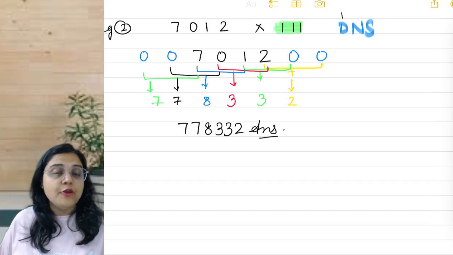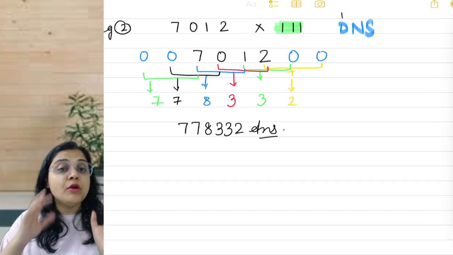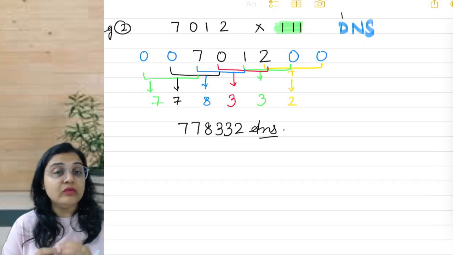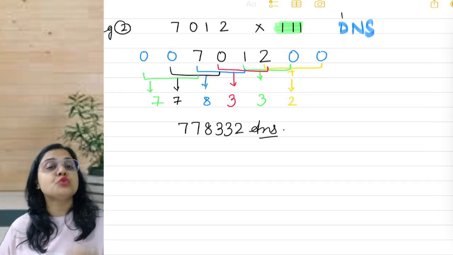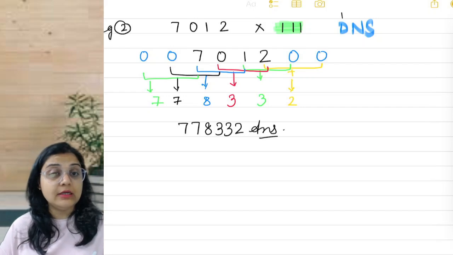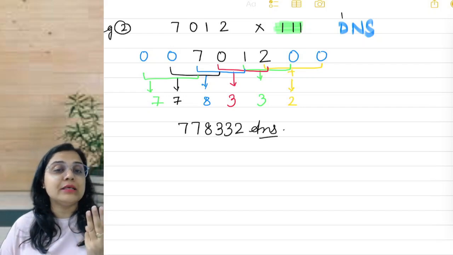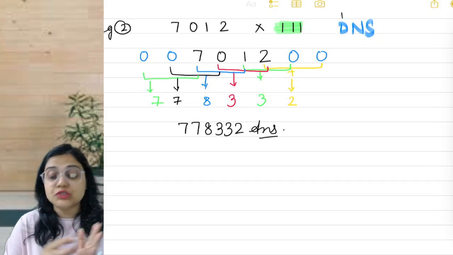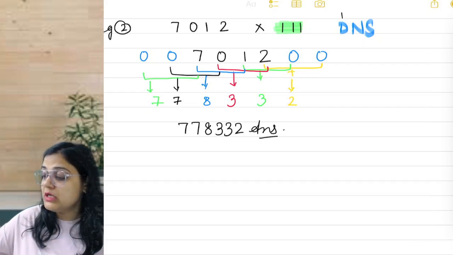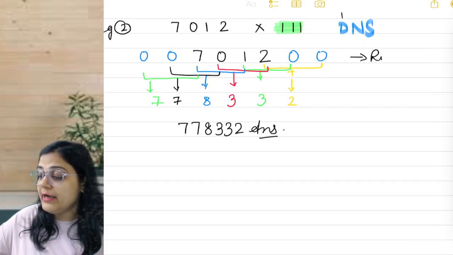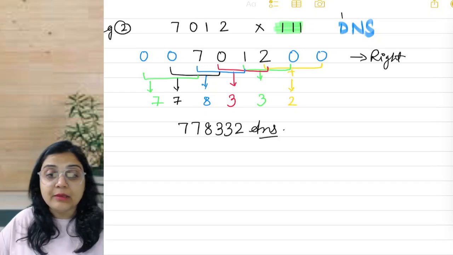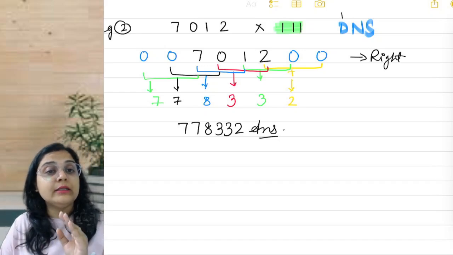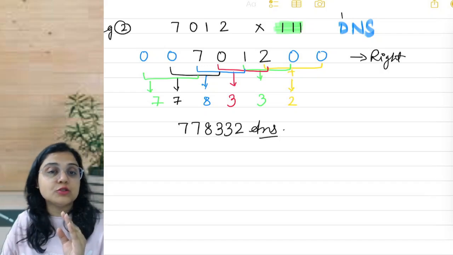That's it. You just have to keep a few things in your mind. Triple one has 100 as the base, so we will use the DNS method. Since there are 3 places in triple one, we'll add 3 consecutive digits at a time, starting from the rightmost, and we can add only 3. The moment you collect the next 3, you have to leave the last one.